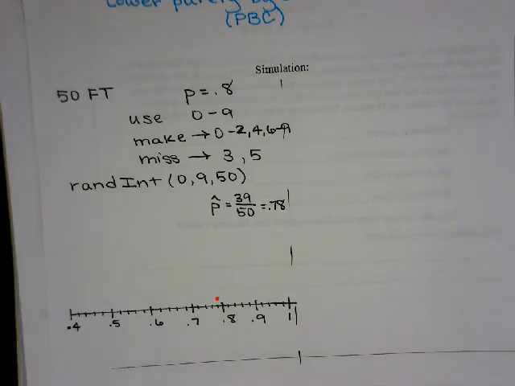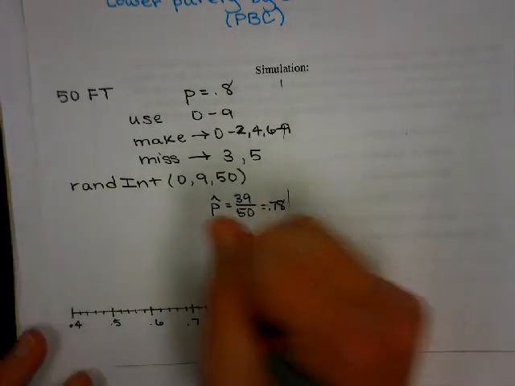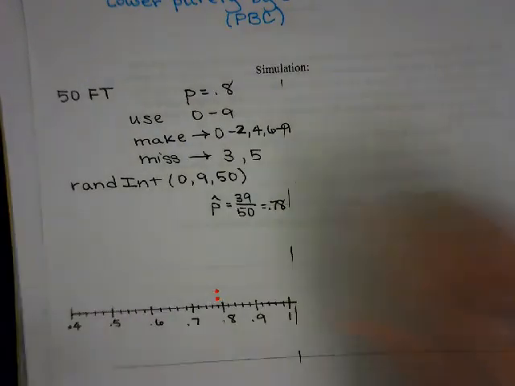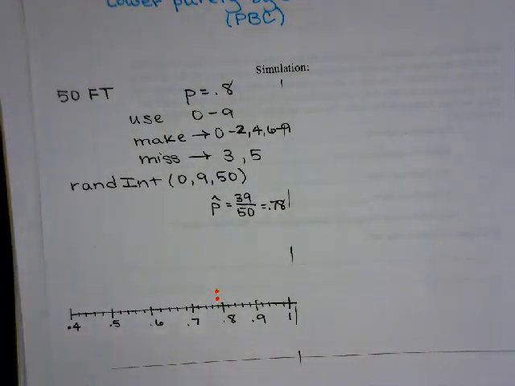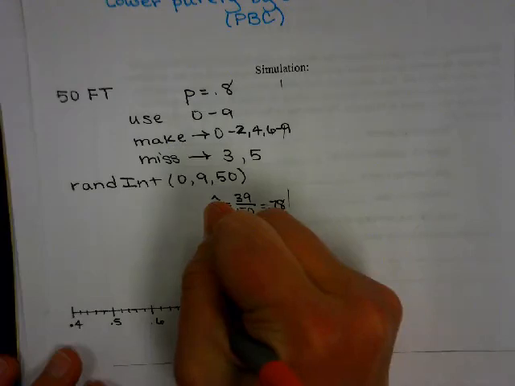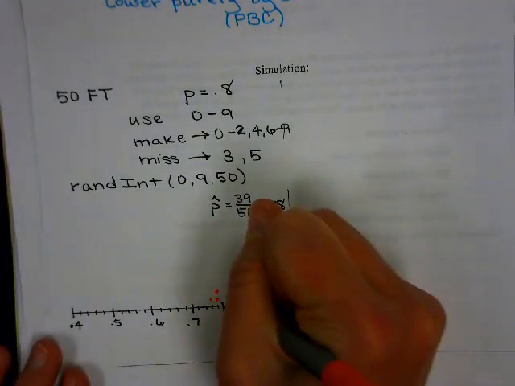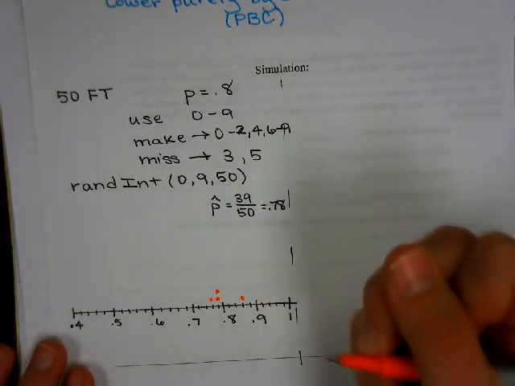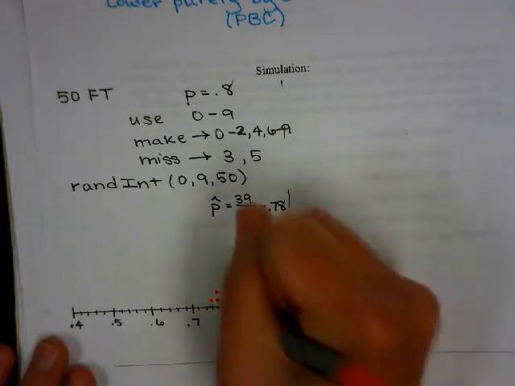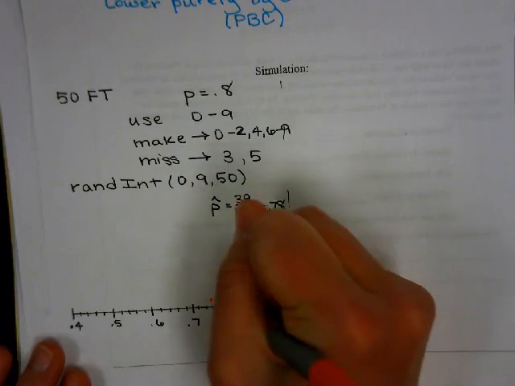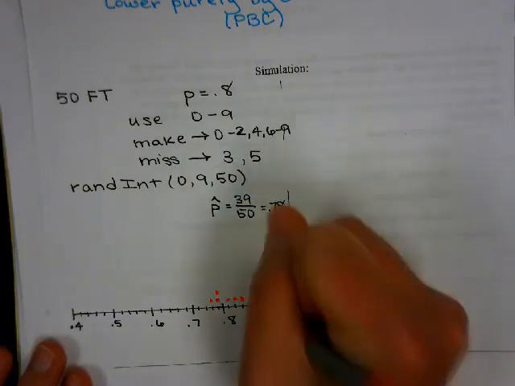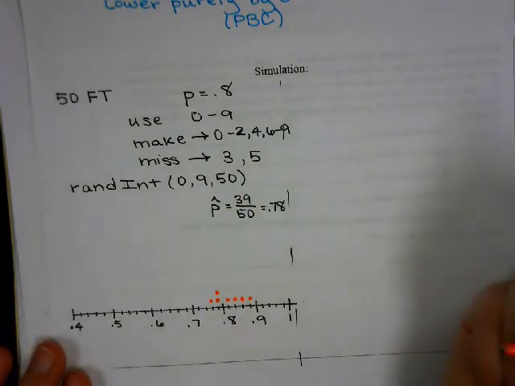Maddie? 0.86. Haley? 0.82. Shelly? 0.84. Hannah? 0.88. Zach? 0.76. Amelia? 0.88. Tyler? 0.84.